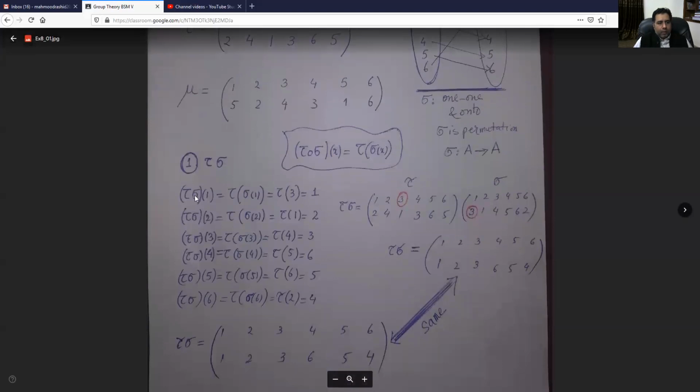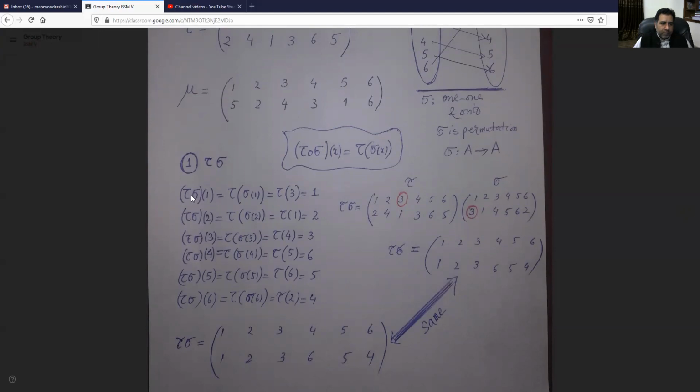So tau sigma or tau composed with sigma, you could also write some circle sign here, but sometimes we don't write this circle, just tau dot sigma applied on 1. So this is a composed mapping.